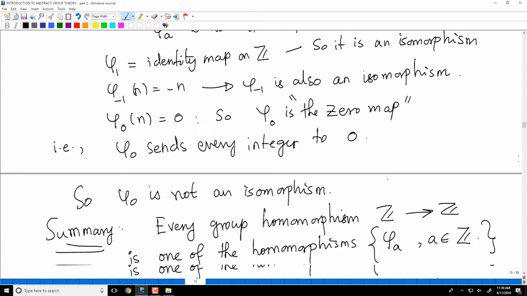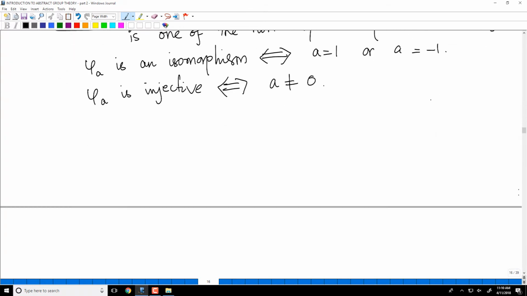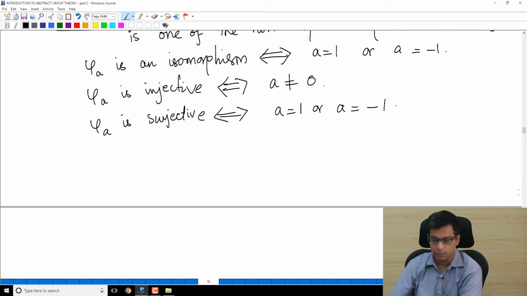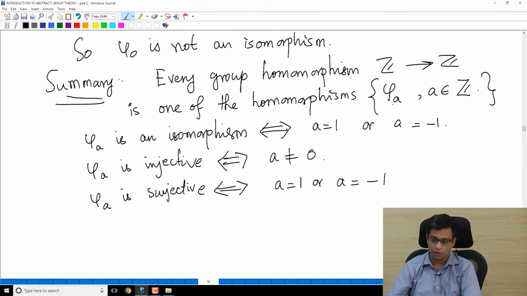So kernel is 0. And phi A is surjective, when is it surjective? If and only if A is 1 or A is -1. Remember that for any other integer it's not surjective.